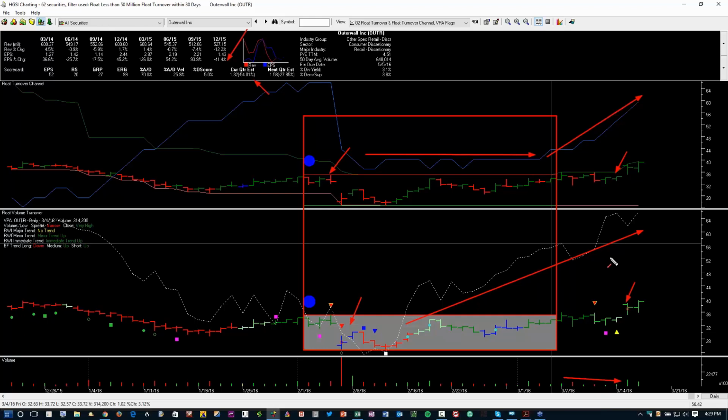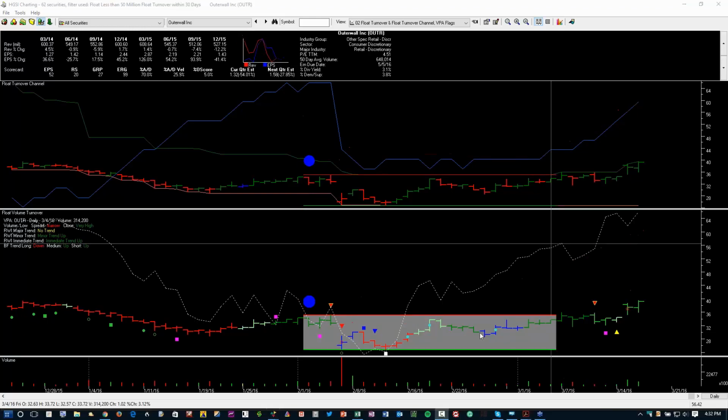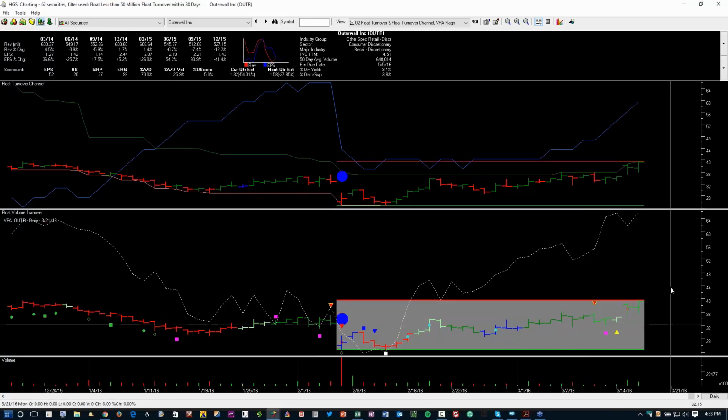But I'd say this stock is probably being lifted by its group right now, even though the volume isn't coming in to really support this move up. Yes, we had a good volume spike yesterday, but notice that it fell off today. So I don't know. It has broken out, though, of its float turnover range. So it's one you should probably keep your eye on.